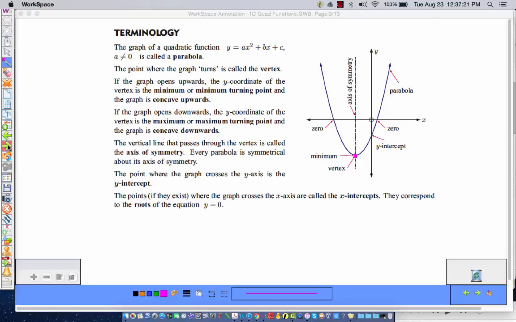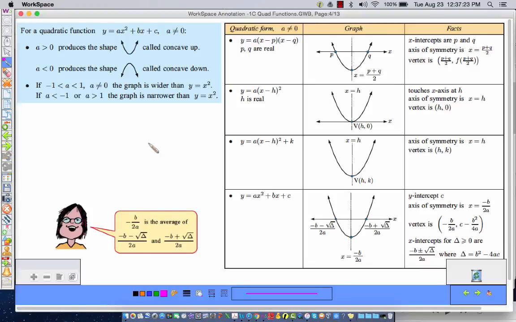So we can find the zeros. I'm not going to go through this. It's a lot of common sense, really. There is something with the axis of symmetry. It's always going to be halfway between the zeros.